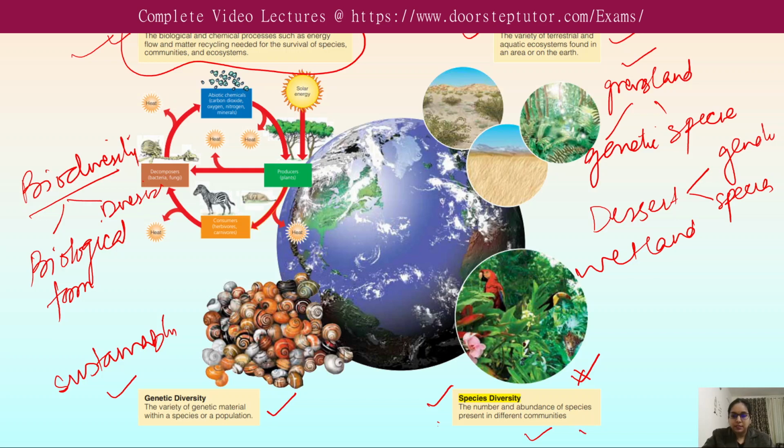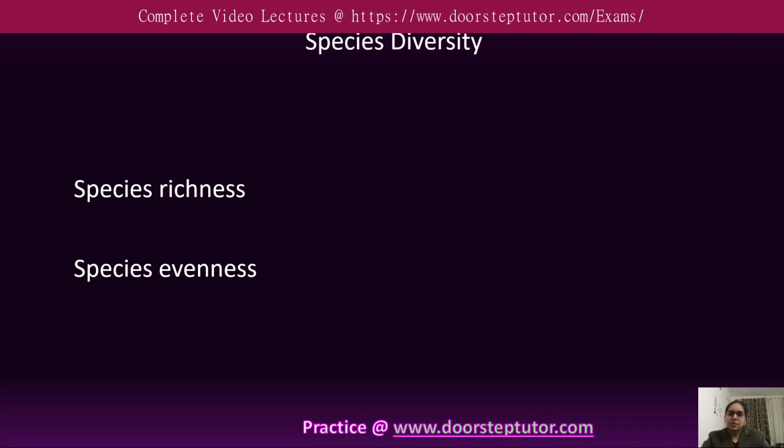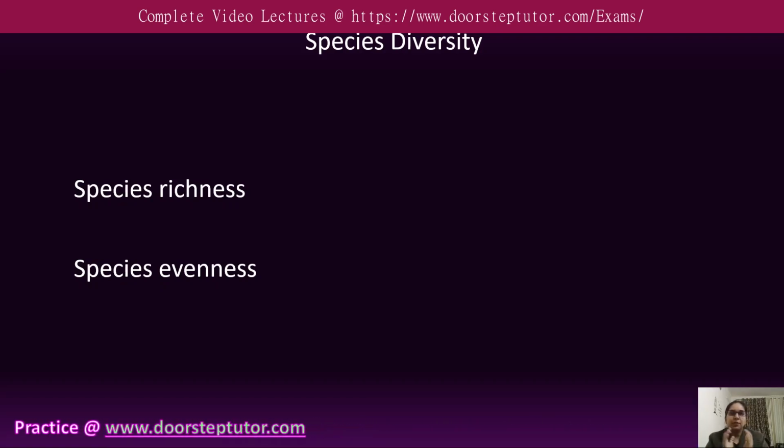So let's delve into the topic of species diversity, which we'll discuss in detail. What is species diversity? As the name suggests, diverse species are present in a particular region or area.